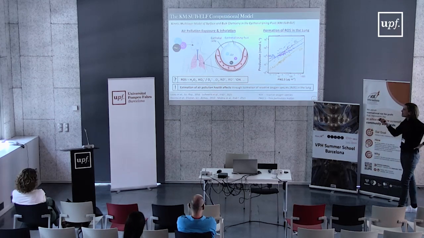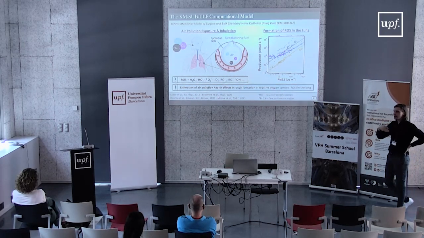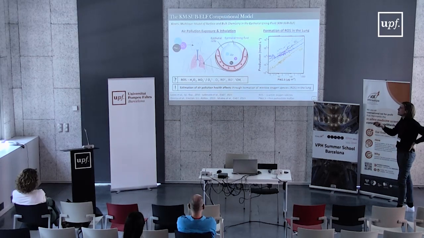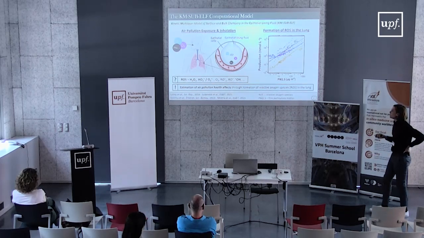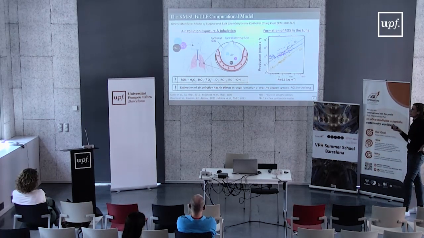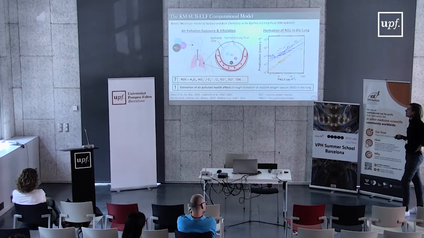What lines the lung is this epithelial lining fluid, right? You have a thin mucosal layer that sits on all the epithelial cells in your lung. The pollutants go in there and then they undergo chemistry. They undergo redox chemistry and produce these reactive oxygen species. So this is hydrogen peroxide, superoxide, ozone, OH radical, and so on.